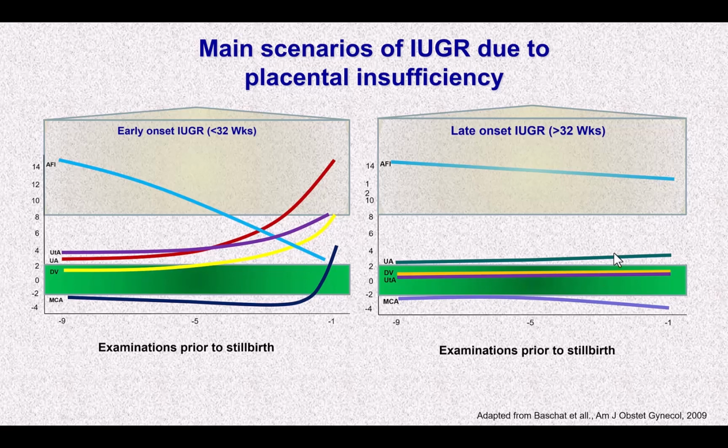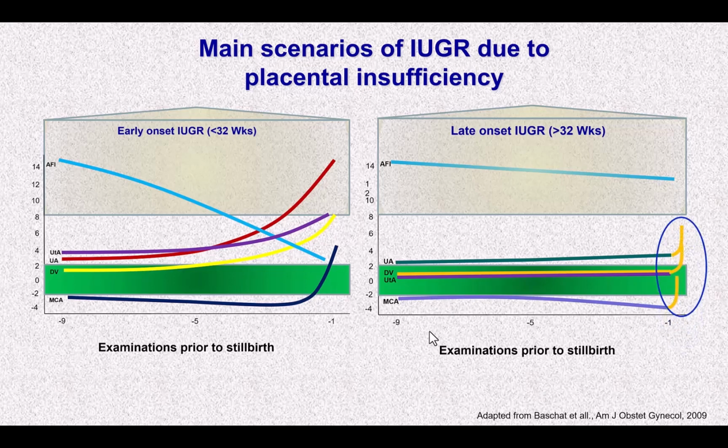But you can see here the umbilical artery and the middle cerebral arteries, even if not so altered looking at the reference value, are out of the normal range. So the ratio between the umbilical artery and the middle cerebral artery is always, even at the beginning of this clinical condition, altered.